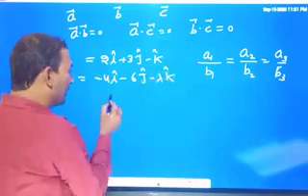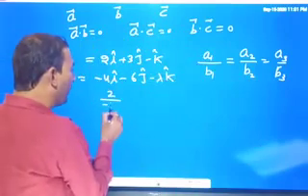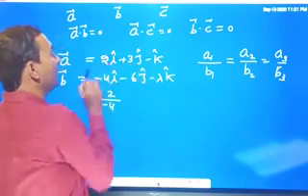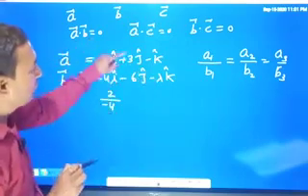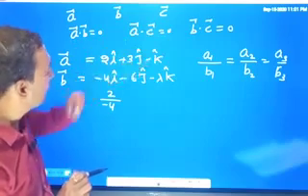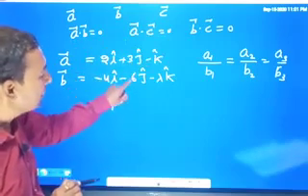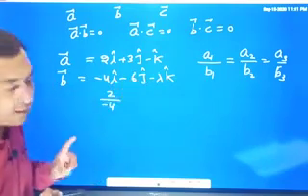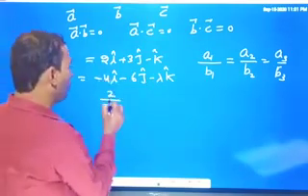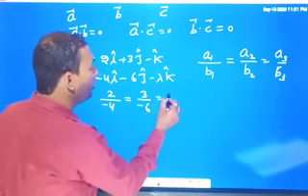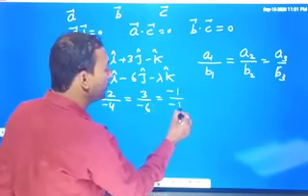If these two vectors are parallel, then a1 is 2, a2 is 3, and a3 is minus 1. b1 is minus 4, b2 is minus 6, and b3 is minus lambda. So 2 upon minus 4 equals 3 upon minus 6 equals minus 1 divided by minus lambda.